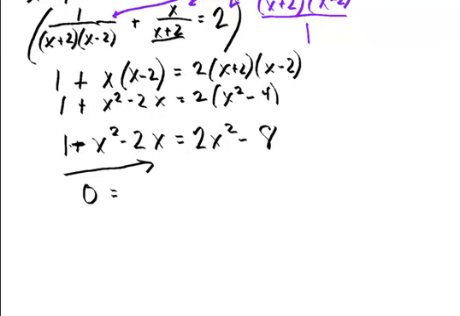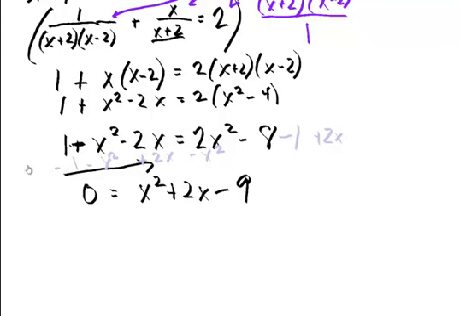So 0 equals 2x squared minus x squared, so that's going to be positive x squared. It'll be add 2x because you're moving over there. Minus 1 from both sides, so I have minus 8 minus 1, which is a minus 9.